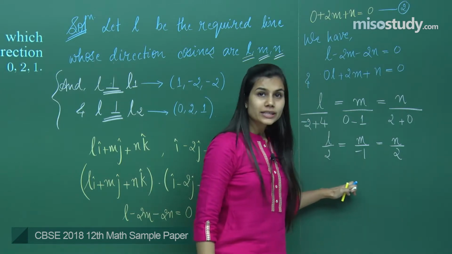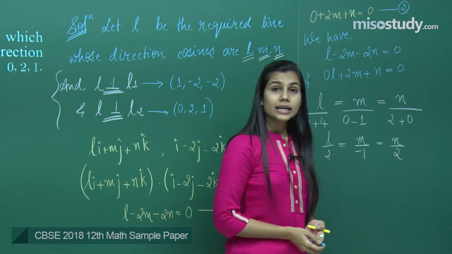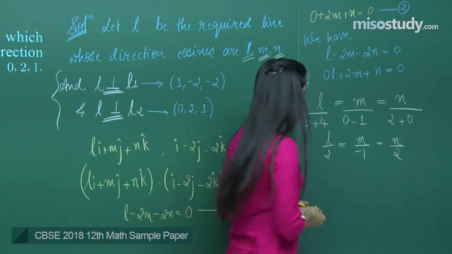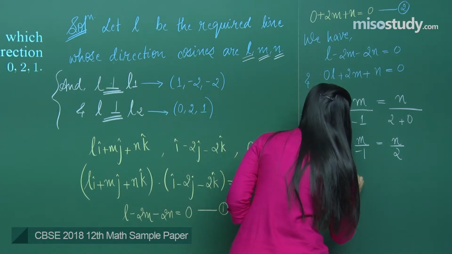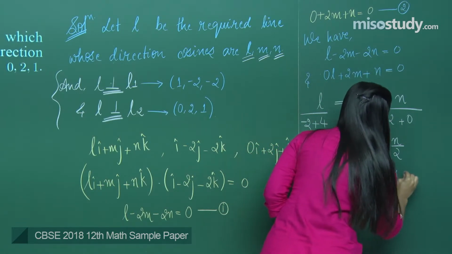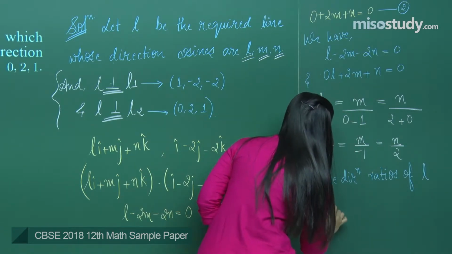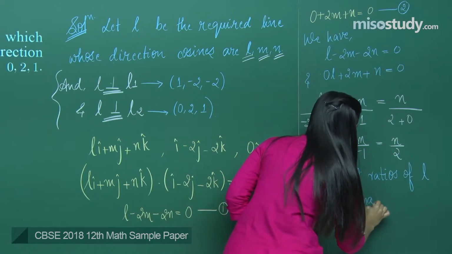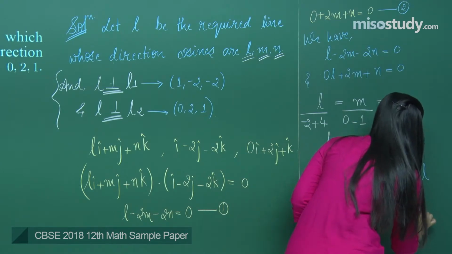And over here you can see that they are proportional to 2, minus 1 and 2. This is what? Well, the direction ratio concept and nothing else. So, I get from here that the direction ratios of line L are proportional to 2, minus 1 and 2.